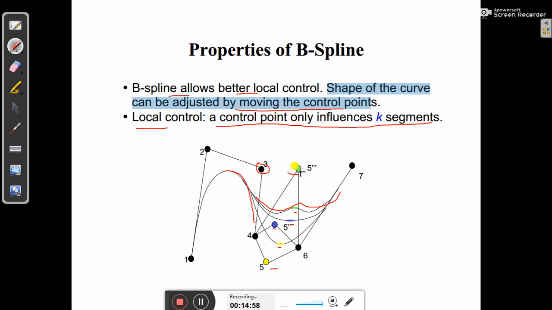When the position of control point 5 is changed, that part of the curve also gets changed like this and like this. That is why you can say that is local control, and local control is better in the case of B-spline.